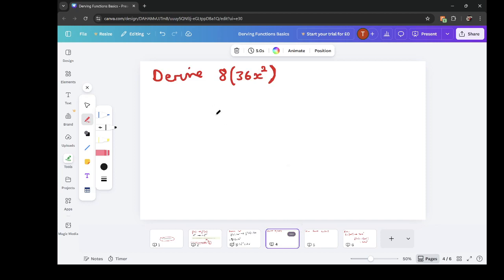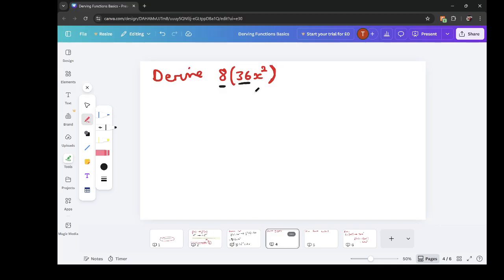Now let's do one more question so that we understand it better. In this case, we've been asked to derive 8 times 36x squared. There are different ways to approach this. Now you have two numbers over here. One way, you could derive individually, which we'll talk about later, so I don't want you to do that right now.